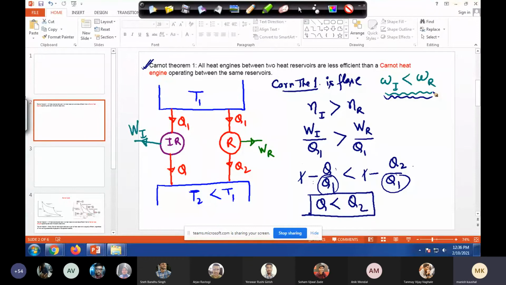That we know, that reversible engine always does a larger amount of work than Wi. Right? And in another way also you can prove it, in case you don't get convinced. Both are basically the same statement, so even through this path also you can reach there. You can do it this way: Q1 equals Q1, and then here you are subtracting Q, and here you are subtracting Q2.